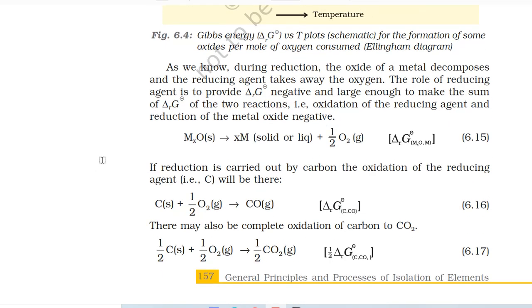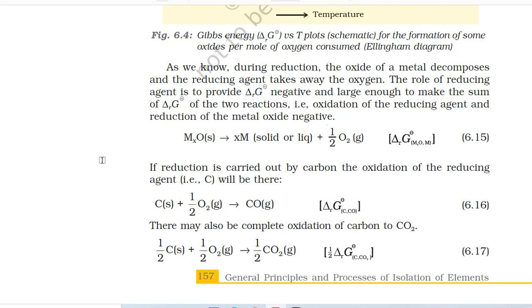As we know, during reduction, the oxide of a metal decomposes and the reducing agent takes away the oxygen. The role of the reducing agent is to provide a delta rG0 negative and large enough to make the sum of delta rG0 of the two reactions, that is oxidation of the reducing agent and reduction of the metal oxide, negative.